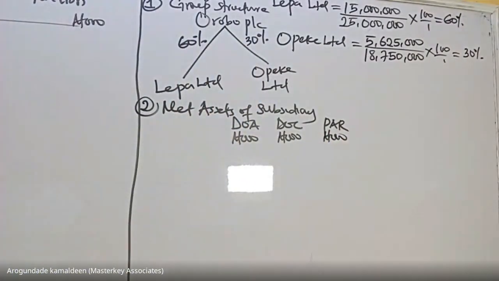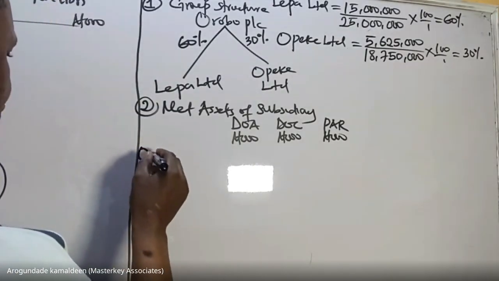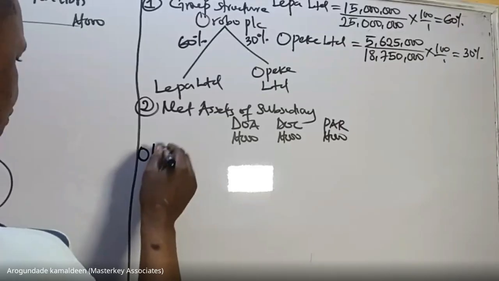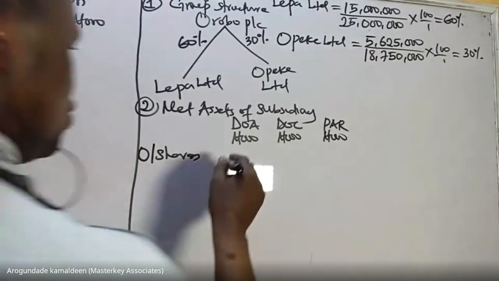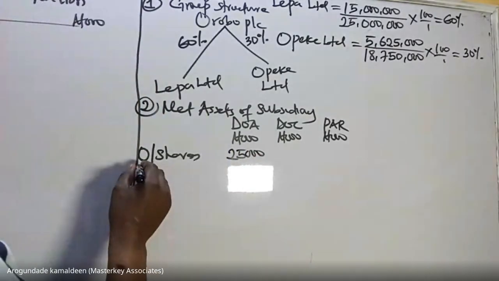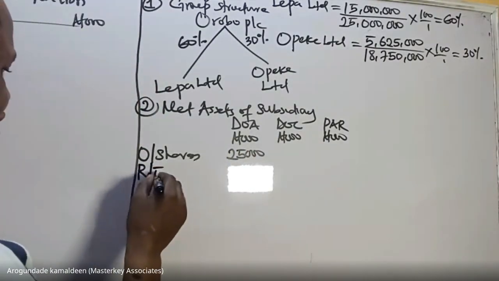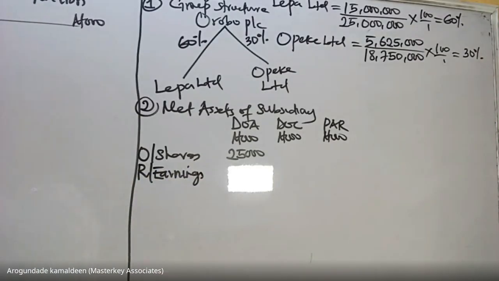So go to the subsidiary now. Here you have the ordinary shares, 25 million. You have pre-acquisition retained earnings. I told you that when you are looking for your net asset, you use pre-acquisition retained earnings.